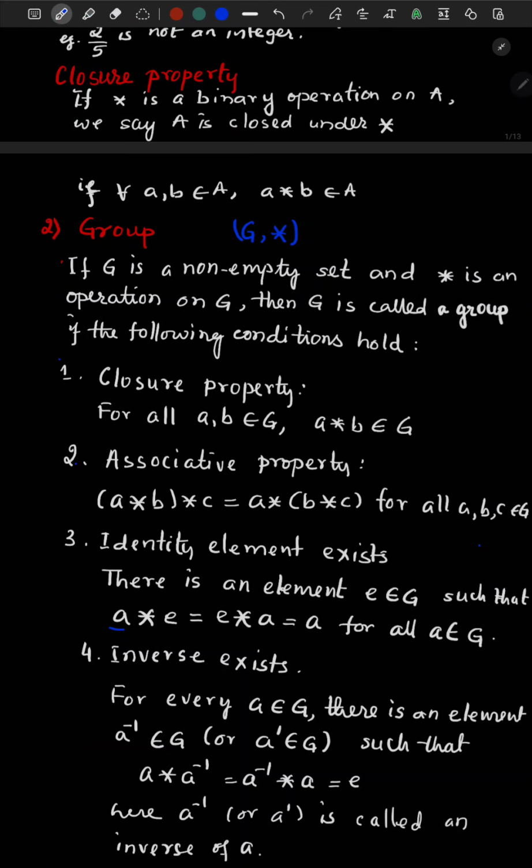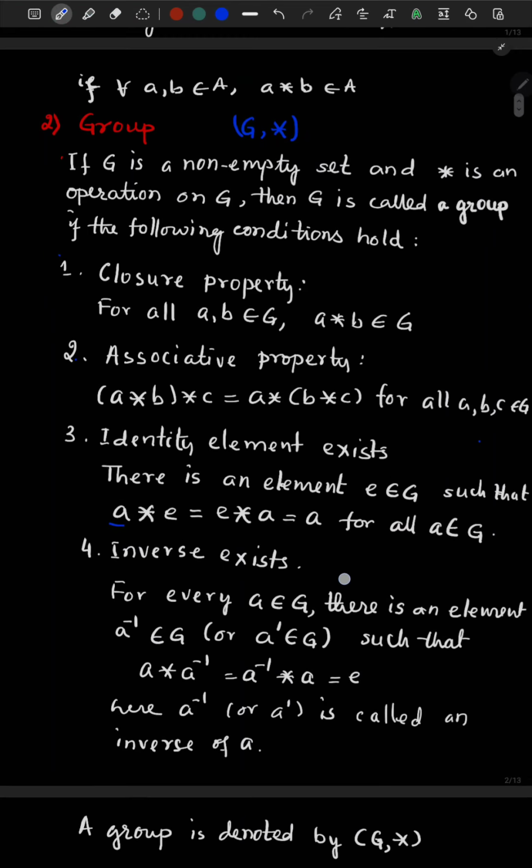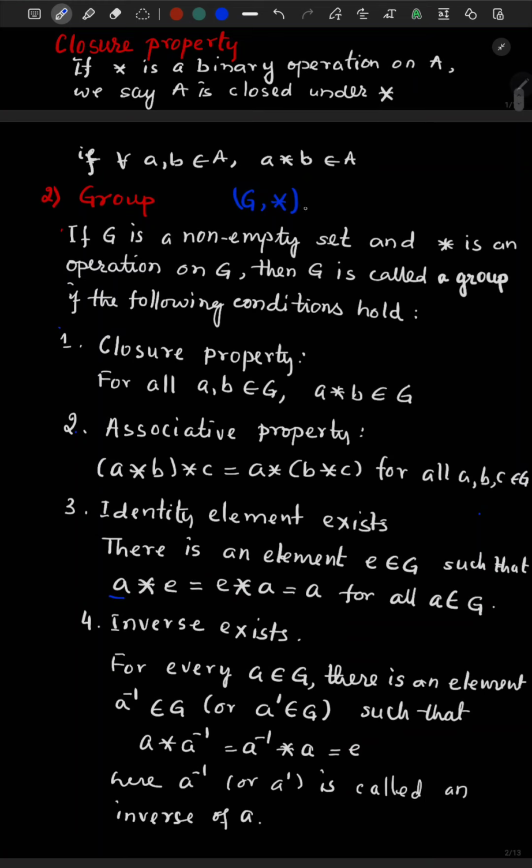So if these four axioms are satisfied, we say this forms a group denoted by G comma star. If only one property, closure property, is satisfied, we say it is a groupoid. If two properties are satisfied, we say it is a semi-group.